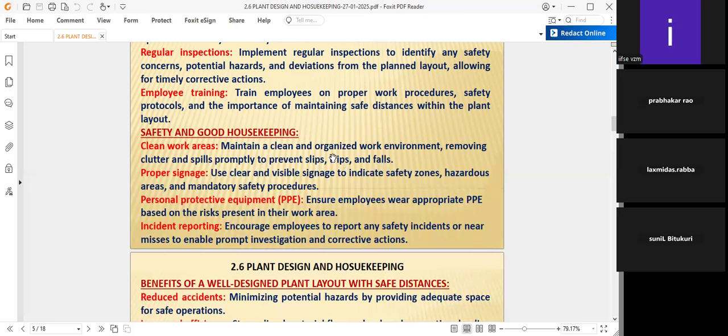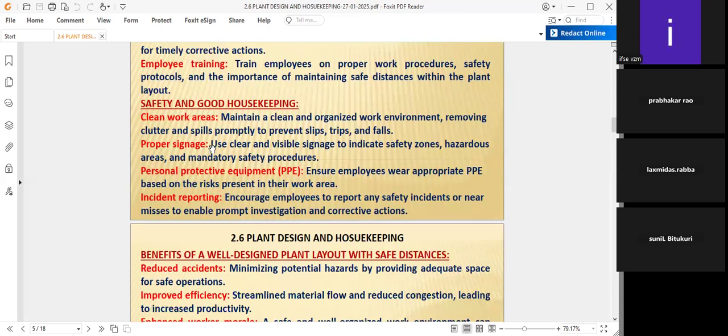If you keep the work areas clean and immediately remove wasted materials when there is spillage, spills will be controlled and slips, trips, and falls will be avoided.